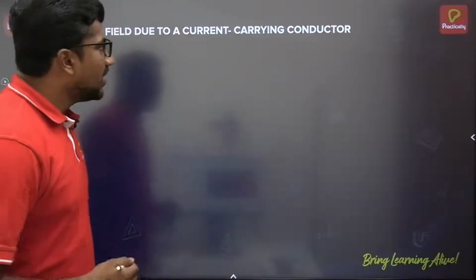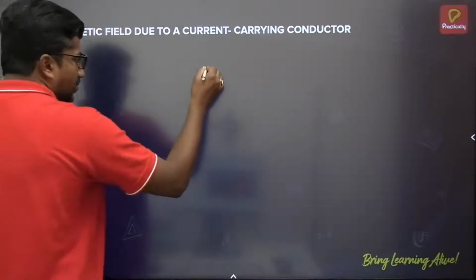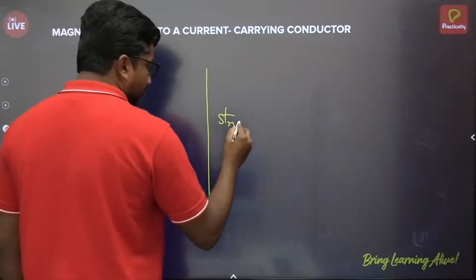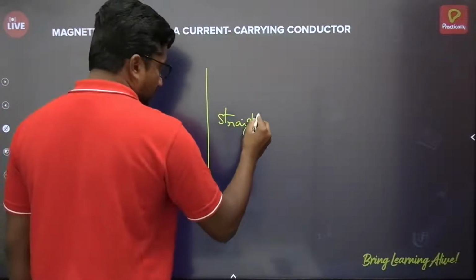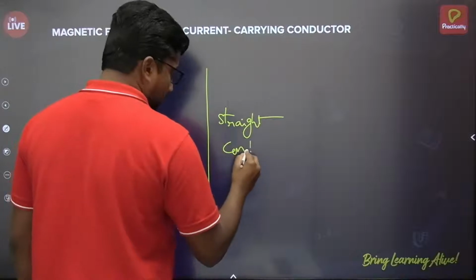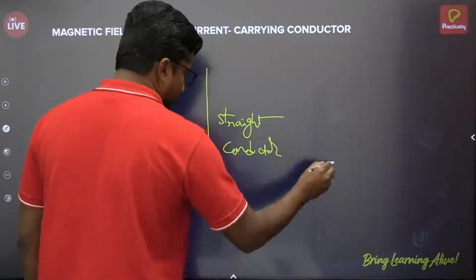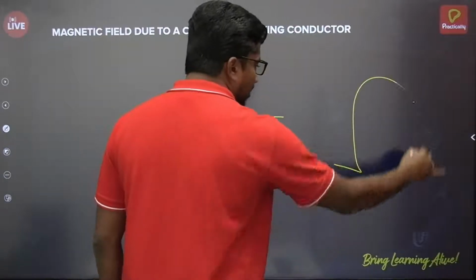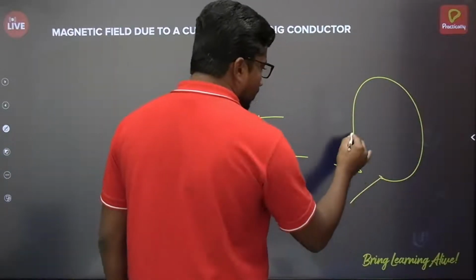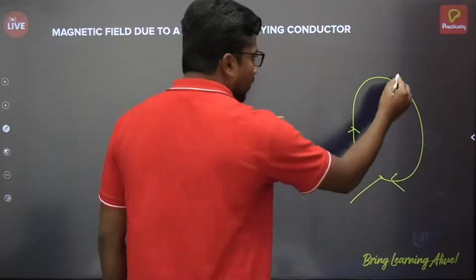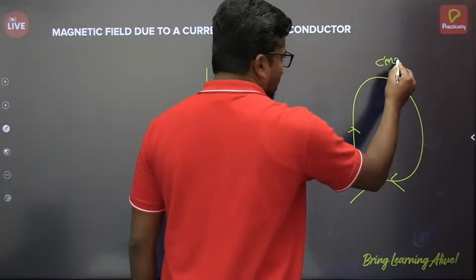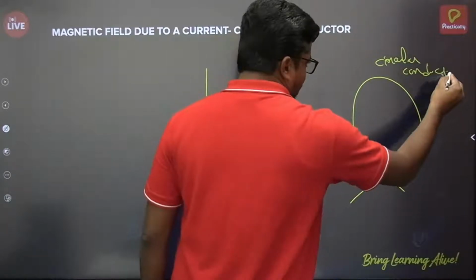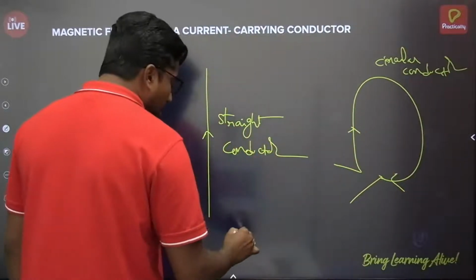We have different types of conductor, like a straight conductor, a circular loop, I mean a circular coil, you can say a circular conductor, and a solenoid.